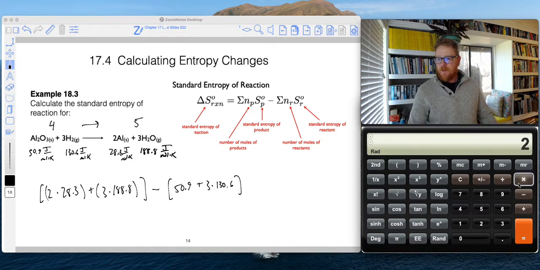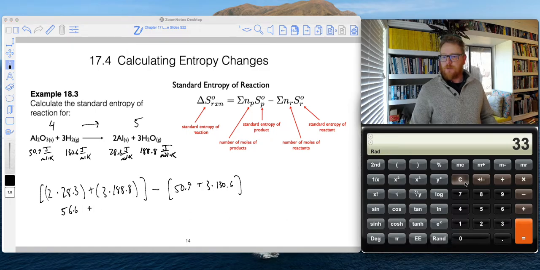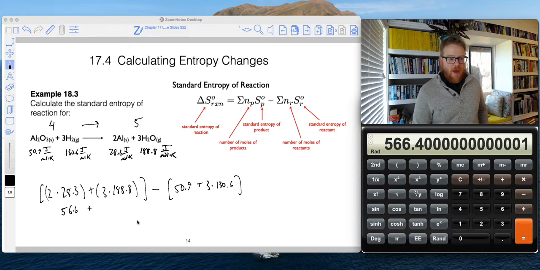So 2 times 28.3, and I'm just going to keep track of all my numbers here so I don't goof it up on my calculator. So that's 56.6 plus 3 times 188.8, which is 566.4.